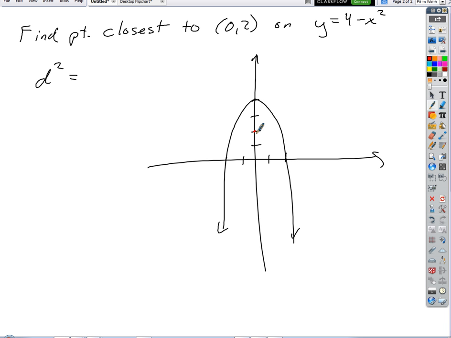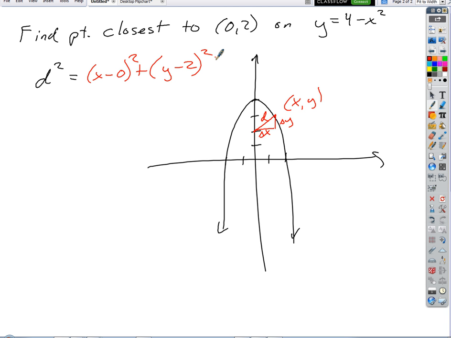If I pick some random point here that we'll call (x, y), then this is just a Pythagorean triangle, where this is D, that's delta x, and that's delta y. Everybody agree? So D squared is just the quantity x minus 0 squared plus the quantity y minus 2 squared, right?